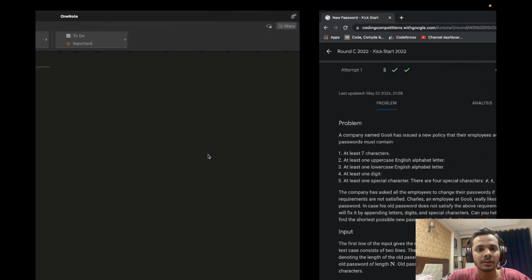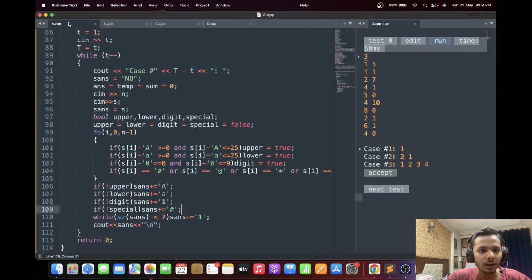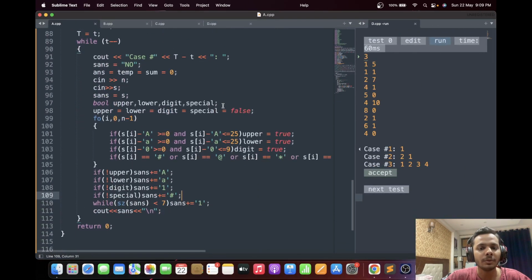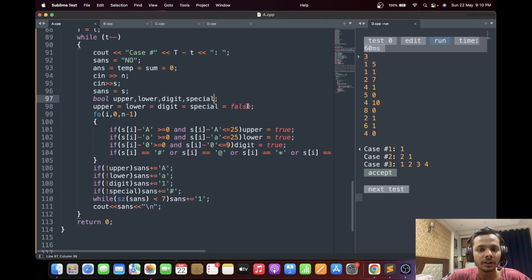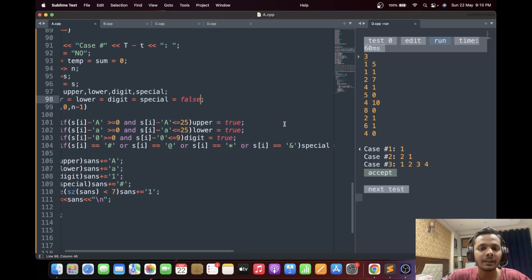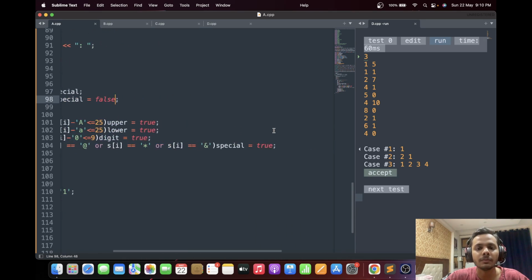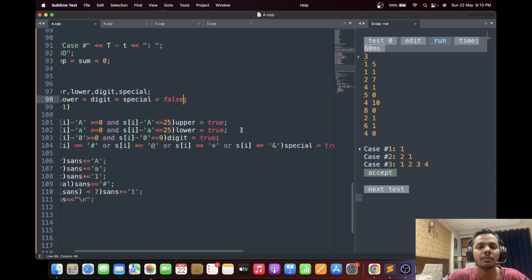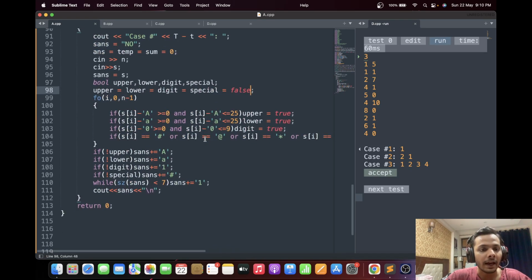Okay, so let's just have a look at the code. The code is pretty simple. We keep these boolean variables which denote whether there is an uppercase letter, a lowercase letter, a digit, or a special character. Initially all of them are false, and as and when we find these characters, we set the value of these boolean variables to true. Then we check if there is no uppercase letter, we add an uppercase letter, same for a lowercase letter, same for a digit, and same for a special character.